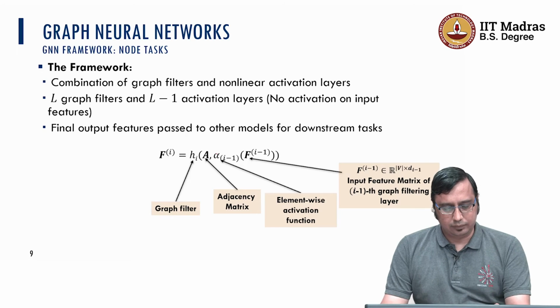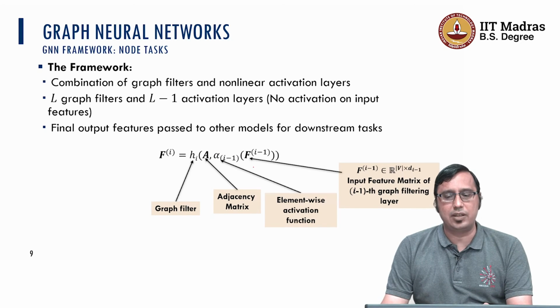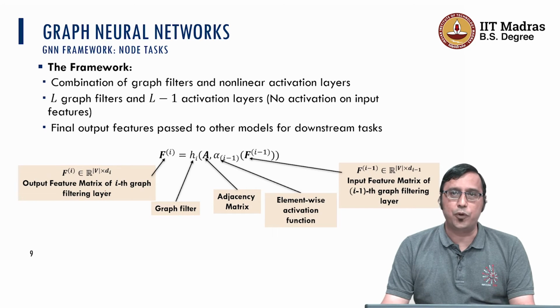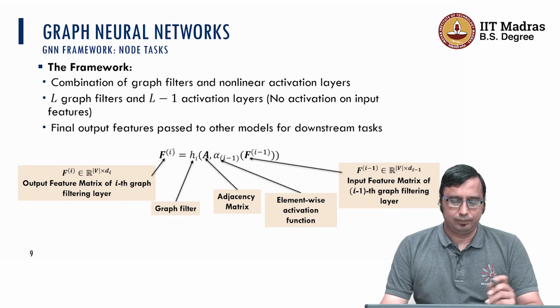Here, alpha, the nonlinear activation layer, will do an element-wise activation function, and the HI will lead us to the next level filtered, or learned, output features for the ith graph filtering layer, and then that will go to the next activation layer, and henceforth.